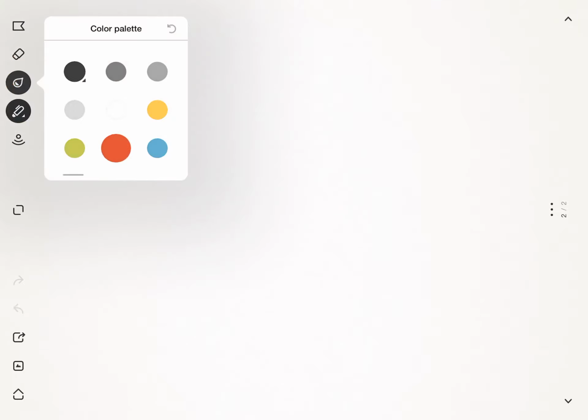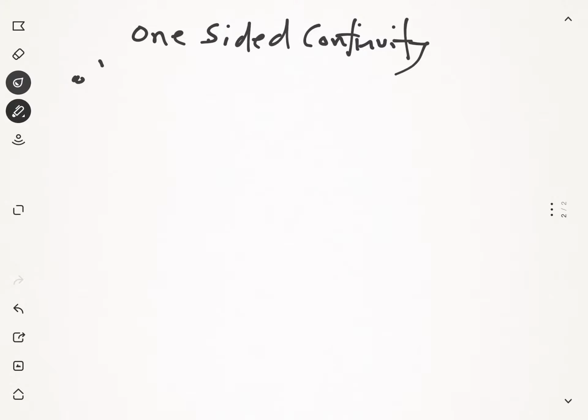Now, we also have some other types of continuity. For example, we have one-sided continuity. So to start with, we'll look at left continuous. How would we define left continuity?